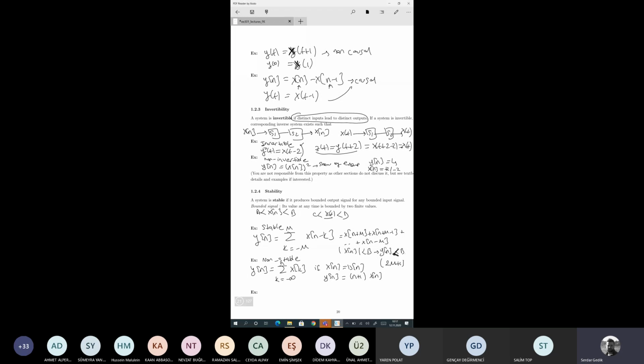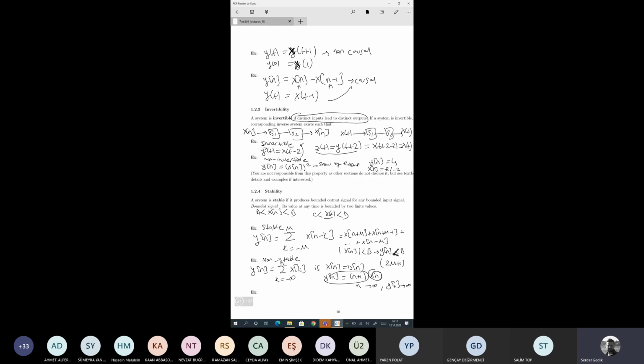So as n goes to infinity, y of n also goes to infinity. It means that although the input is bounded, the output is unbounded.